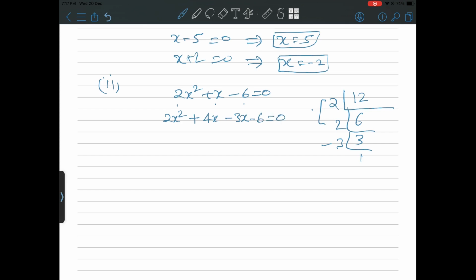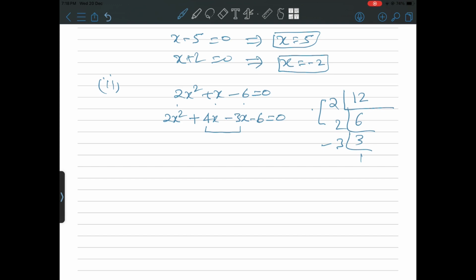Now if you see, if we add these two terms, we get x. And when you multiply these two terms, we get the value of minus 12. So that's the thing which we wanted to solve our question.